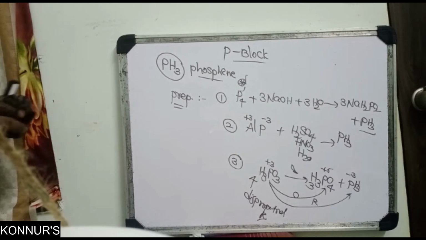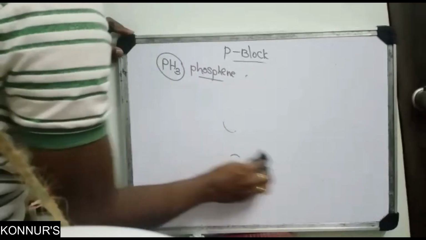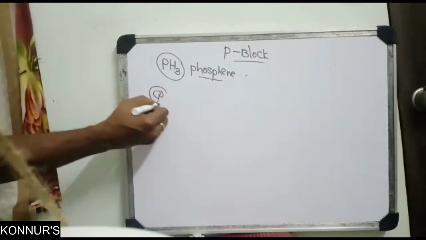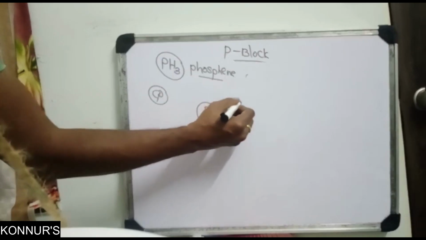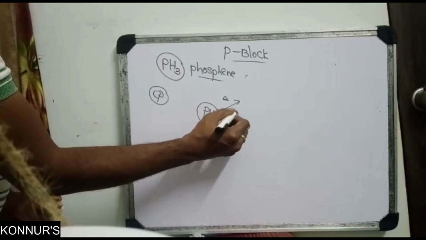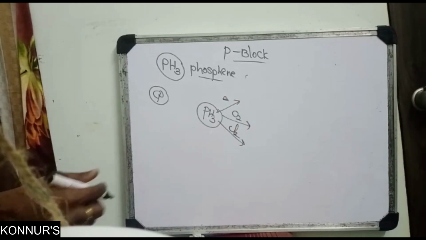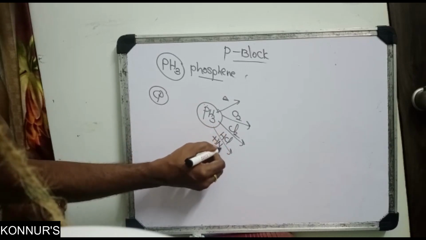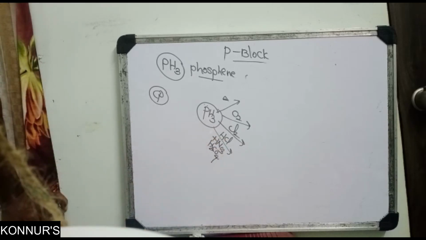Next, what will be the chemical properties? You can take phosphine and heat it directly, or heat with oxygen, or with chlorine also. Phosphine is what? A base. Base means it reacts with HCl, HNO3, H2SO4 acids also.